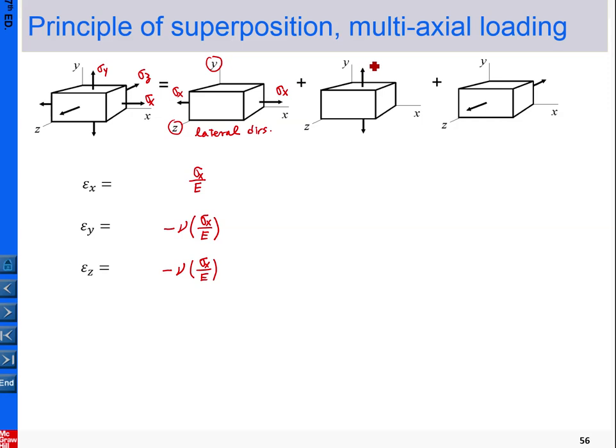So now we calculate the second example. Now we say this is sigma y here. In this case, y is the axial direction, so the axial strain is sigma y divided by E. That is the axial strain happening in the y direction. Again, with respect to the axial direction, x is the lateral direction.